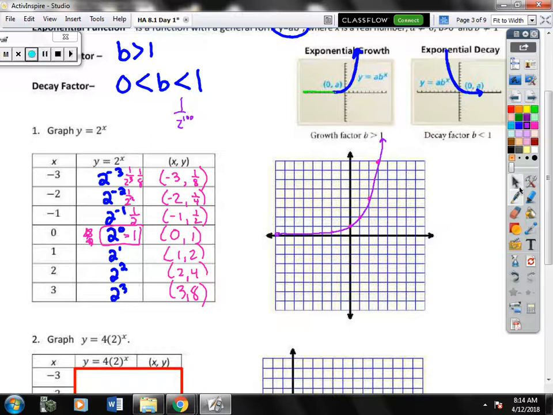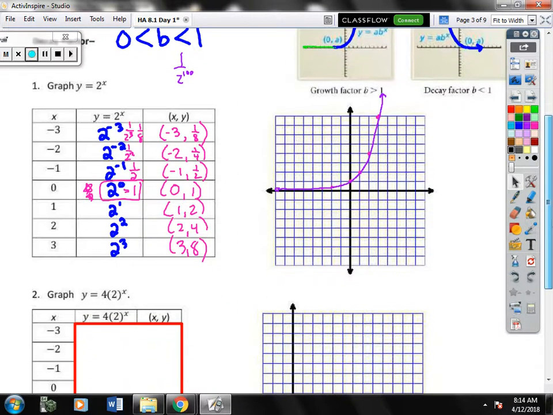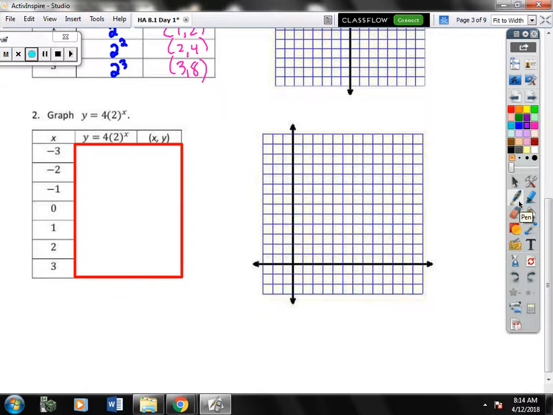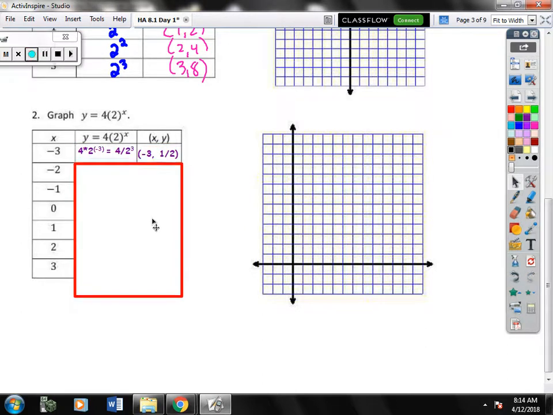Now the next one, they add in this a value in front. So you have to use your order of operations. You have to do your exponents first and then your multiplication. So for the first one, why don't you guys try this one on your own? I'll show the first one and then you guys can try filling out the table.